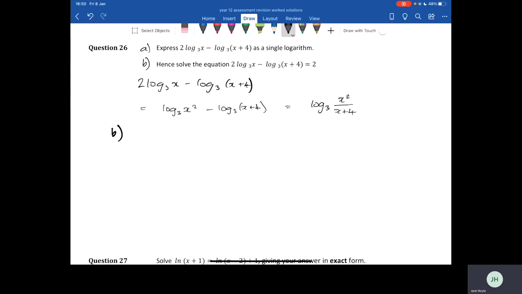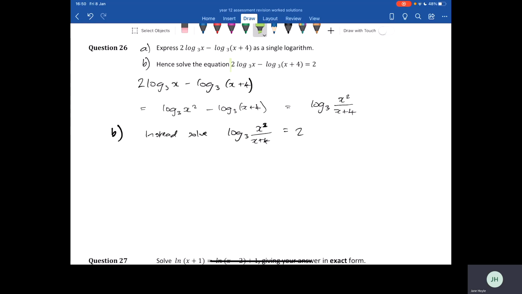So what we can do now is, instead of solving that given equation, we are instead going to solve this, which of course is just the equivalent expression, isn't it? So I've got x squared over x plus 4 equaling 2.